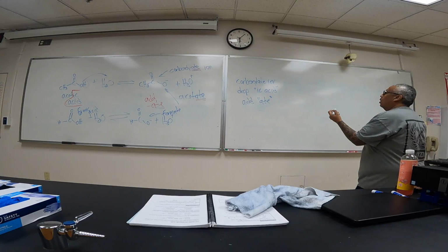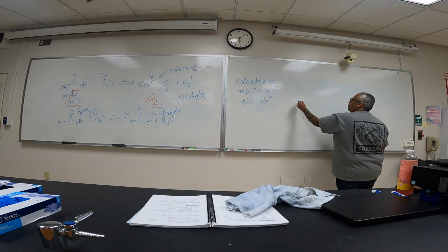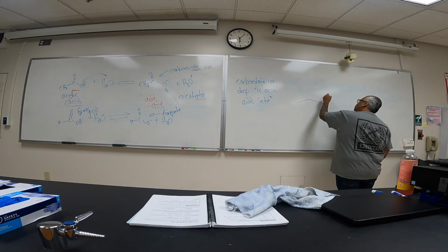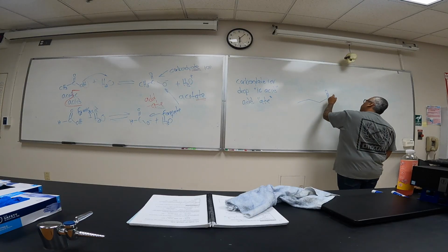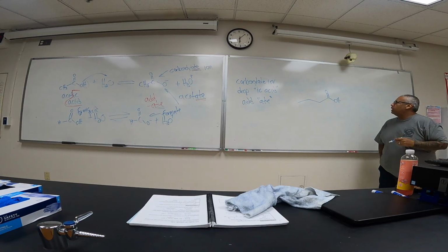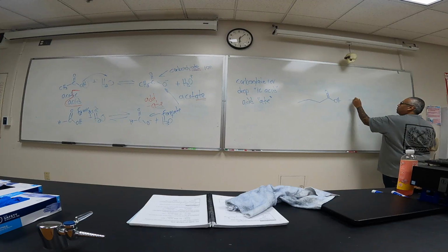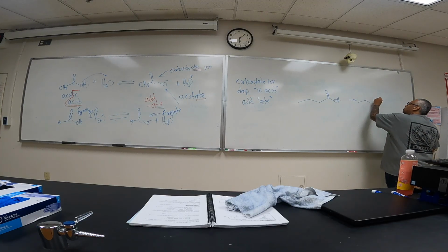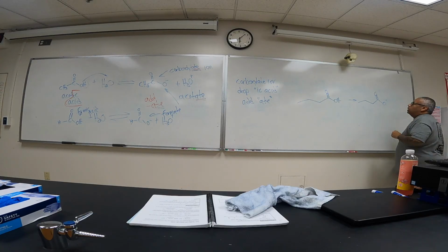Let me draw another carboxylic acid. First I'll draw the carboxylic acid, and then I'm going to draw next to it our carboxylate ion.